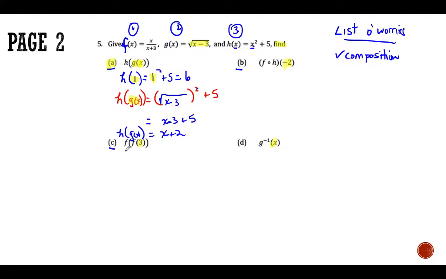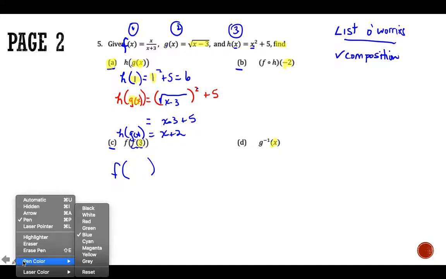Now, this one says, go find the function f and put f of 3 into it. Well, wait a second. F of 3, wait a second. What does f of 3 mean?